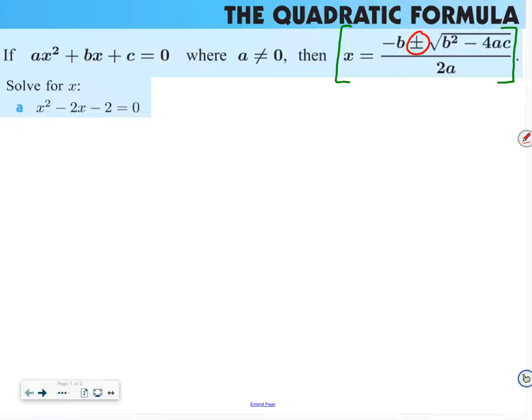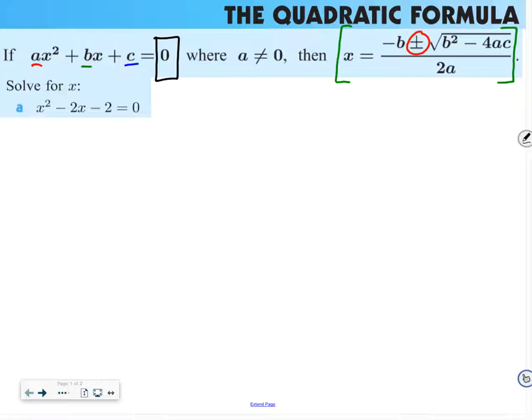And the a, b, and c that these are speaking of are our a here, our b here, and our c here in our quadratic equation. Remember, just like our other quadratics, we want to solve and set equal to 0 first before we select our variables a, b, and c.